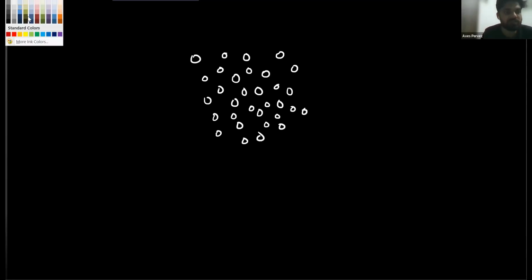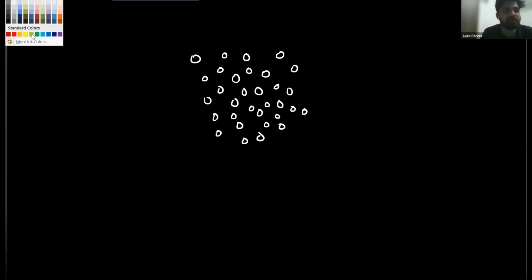In physical combination, for example, this is a water molecule. These are the water molecules and they are moving here and there. They are going to have some intermolecular space.